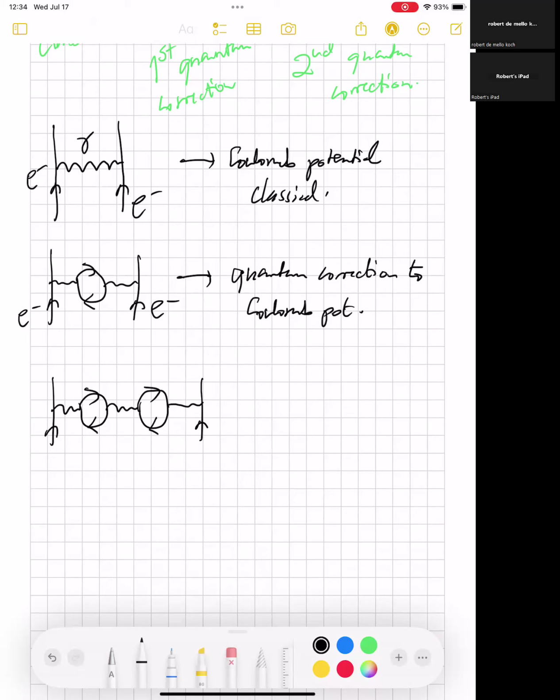Terms with 2 loops would be the second h bar correction, and so on. It's a super physical expansion because you're expanding in powers of h bar, which is something we know how to interpret and something that makes sense. And once again, it shouldn't surprise you, it also corresponds to an expansion using some sort of a property of the graphs that we are summing.